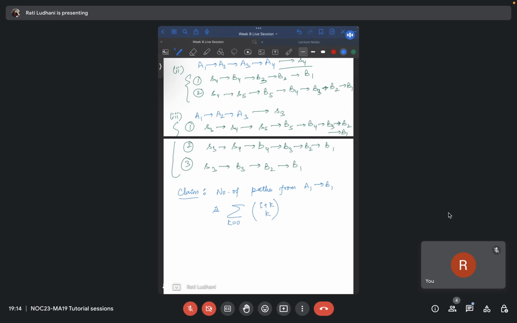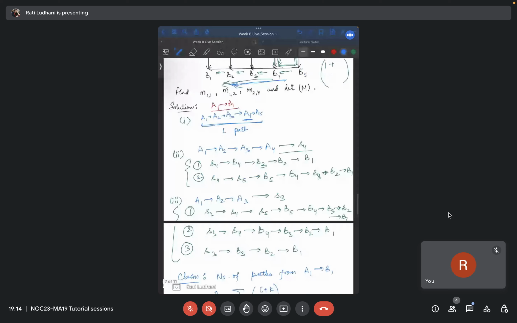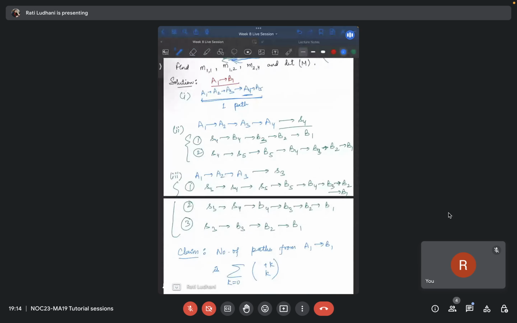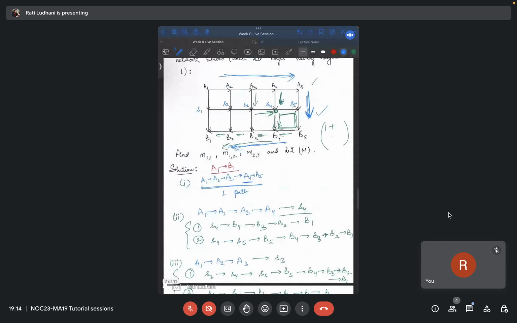So let's see. This is 1. The downward step is just 1, because at each step you are reaching some box like this, either this box or this box, right?